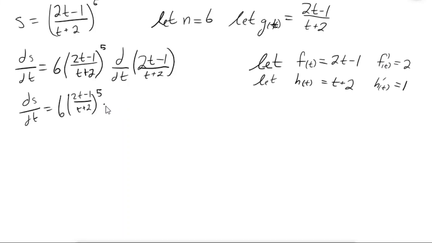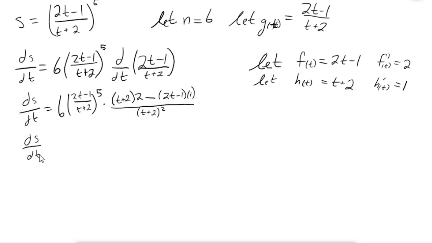So in this case, we have t plus 2 multiplied by the derivative of the top, minus the top multiplied by the derivative of the bottom. I should have just been calling them top and bottom the whole time. The derivative of the bottom is 1. Divided by the bottom squared. So this looks very messy indeed, but it does simplify somewhat.